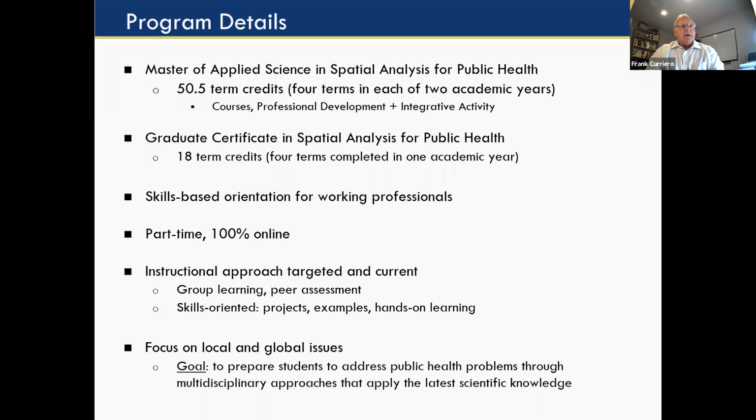And the other leg of that tripod is a substantive expert, whether we're working with cancer, HIV, malaria, or an air pollution exposure assessment. There would always be an expert in that. So spatial analysis really is at the intersection of these several fields of study. Next slide, please.